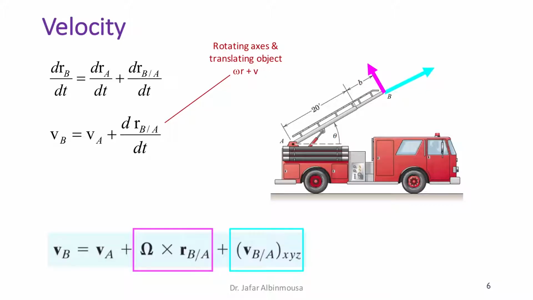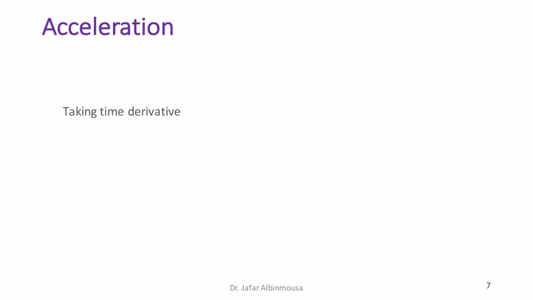As I said, this velocity is simply translation because point B can also translate with respect to the local coordinate system. Now, for the acceleration, we need to take the time derivative of the velocity equation.